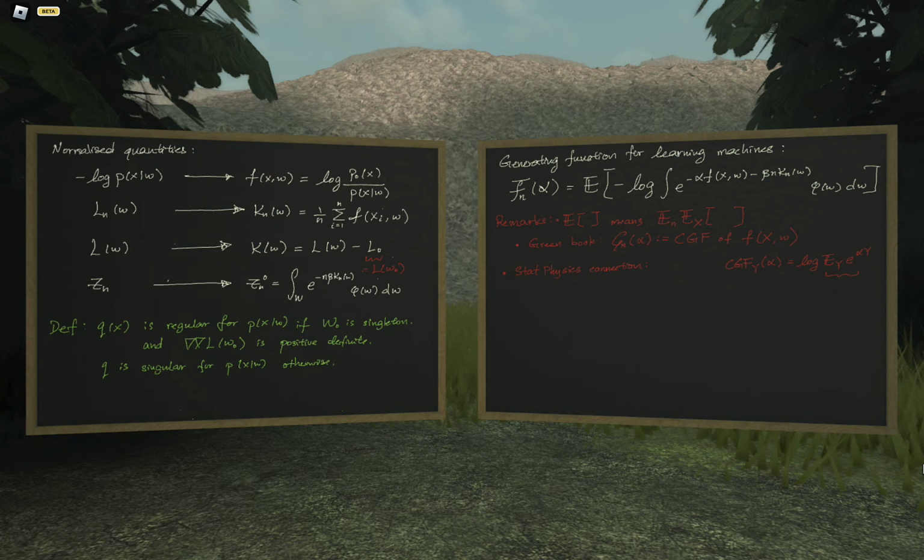And you can see in the above expression, this is actually equal to, let me write it here, the expectation over negative log of the posterior average of e to the negative alpha f of x, w. Well, except it's not quite right, because the normalizing constant, the evidence, is not there.